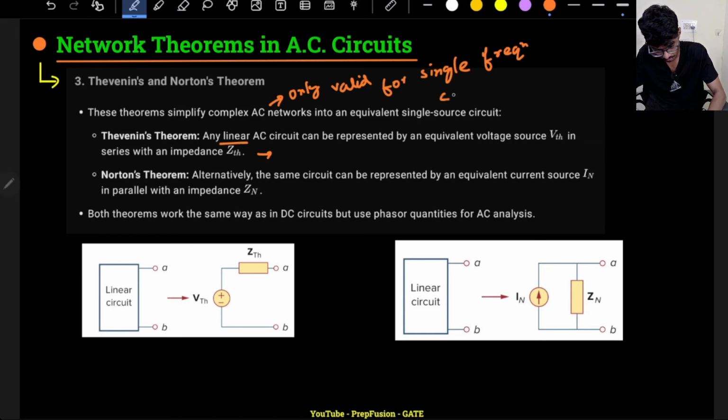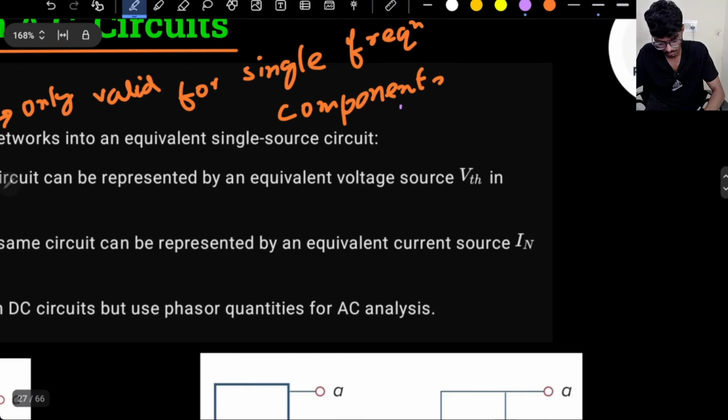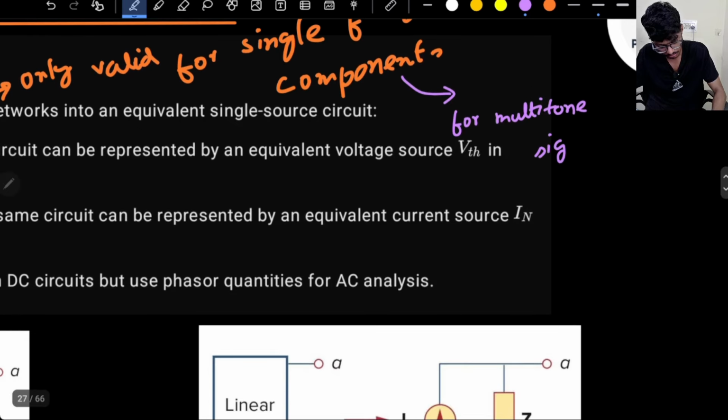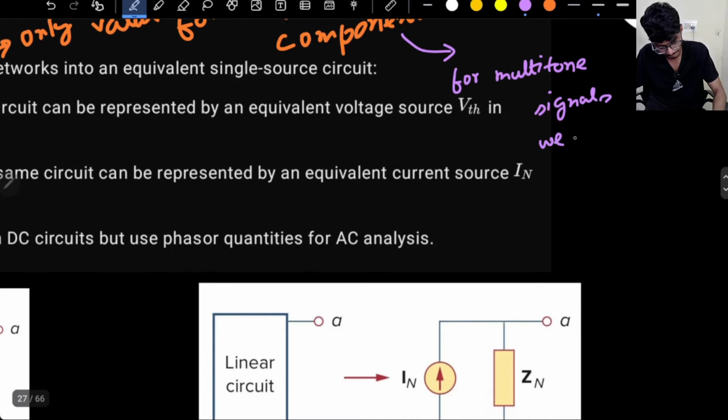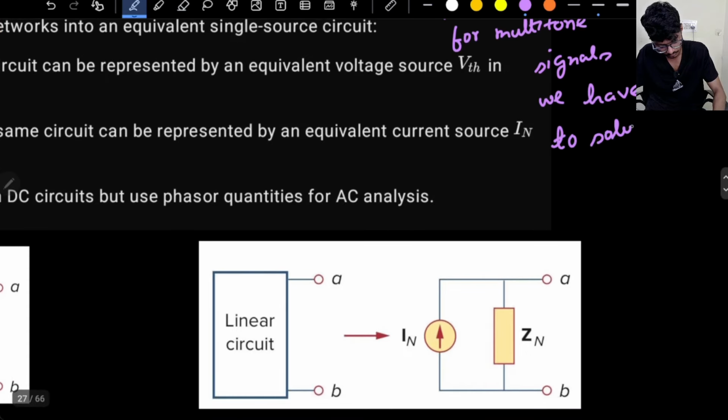Basically, if I have two different frequencies and I have to solve for current and voltage, then for multi-tone signals, that is multiple signals with different frequencies, we have to solve individually.